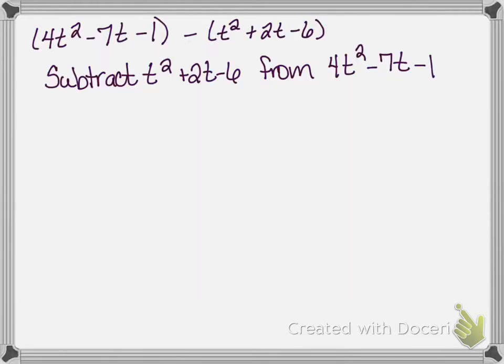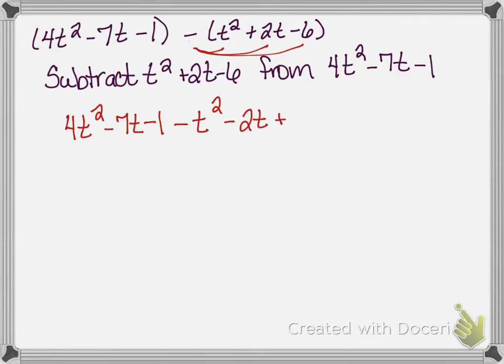Now, here's another one. I'm going to do it fast because I've got 2 more minutes. I have 4t squared minus 7t minus 1. I need to distribute that negative to everything. So it's going to be minus t squared minus 2t plus 6.